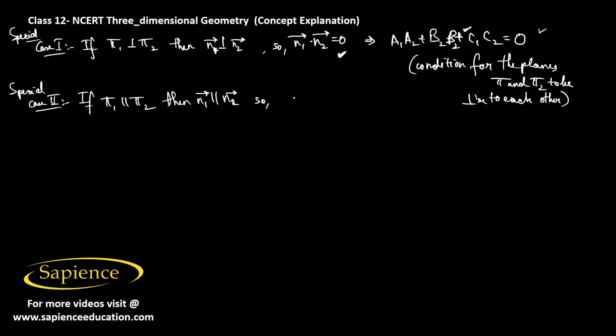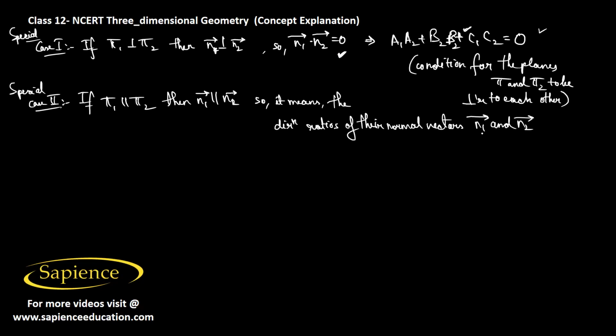So it means that the direction ratios of their normal vectors, which are n1 vector and n2 vector, should be proportional.